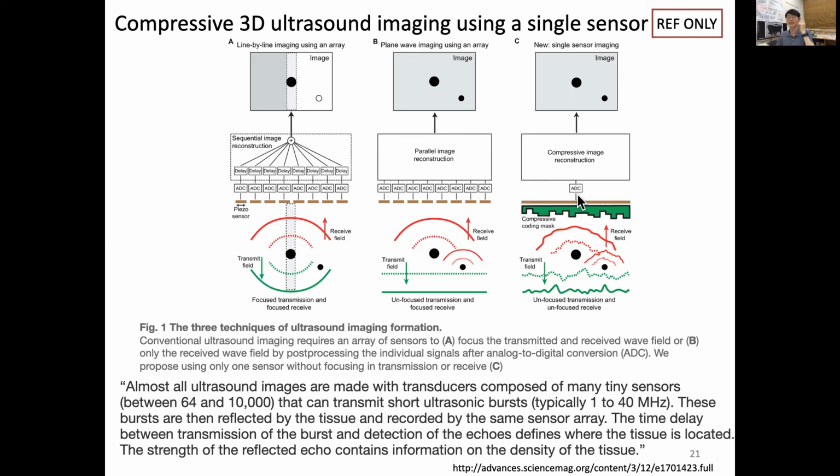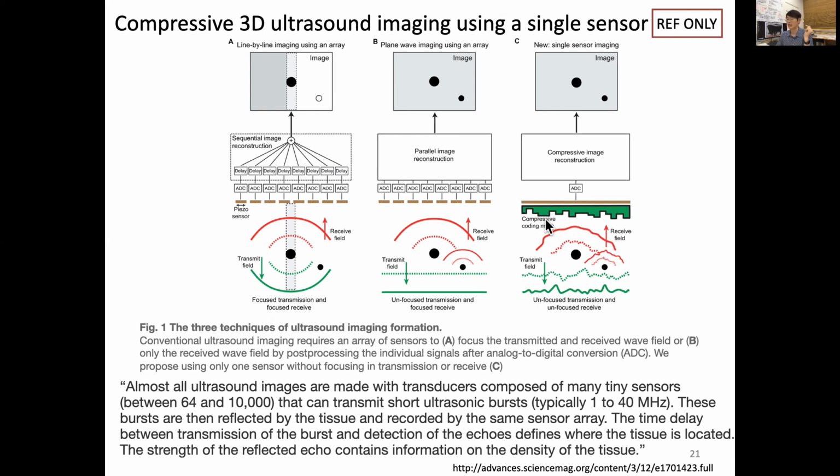transducer and single AD converter? And where can we pose more information? By using this ultrasonic transducer giving a different kind of compressive coding, which looks random, but you know what exactly it is. And then it will generate unfocused transmission, and the receive field will be kind of weird, but it contains the information.